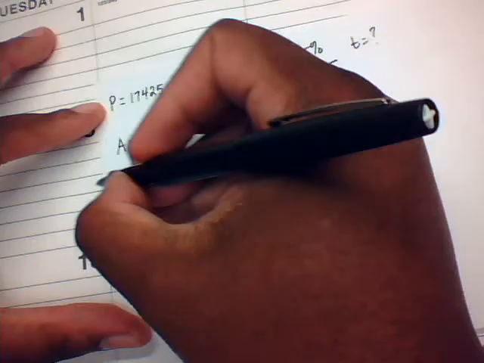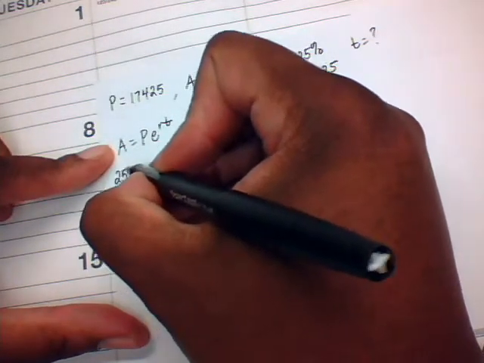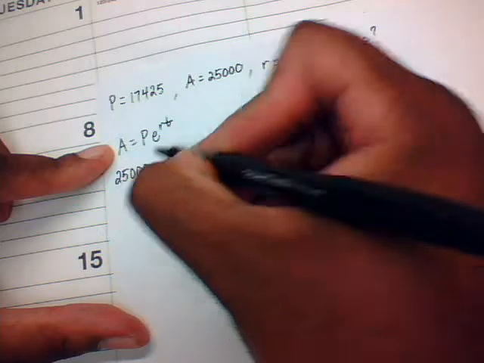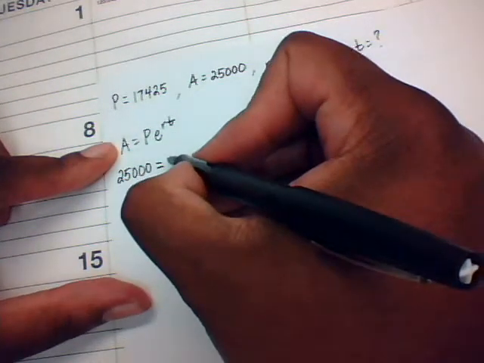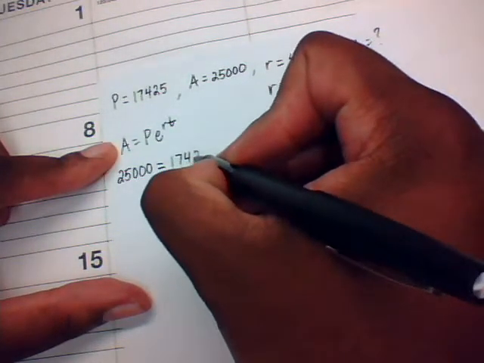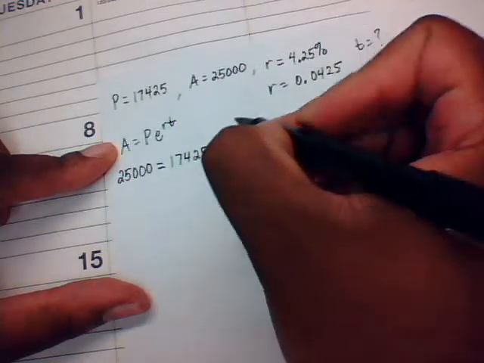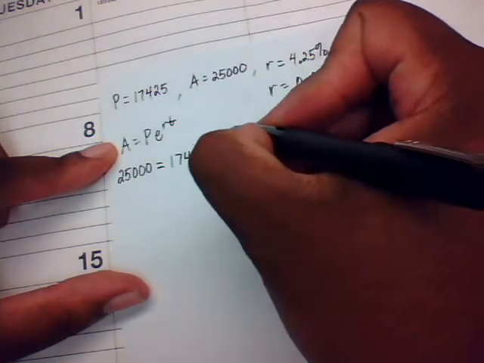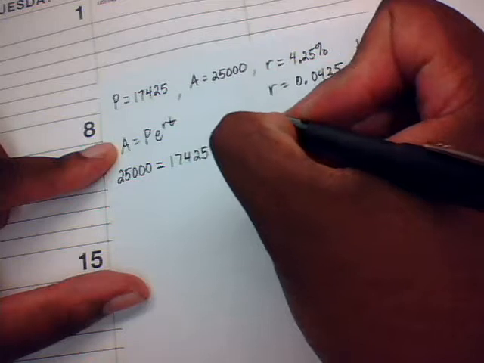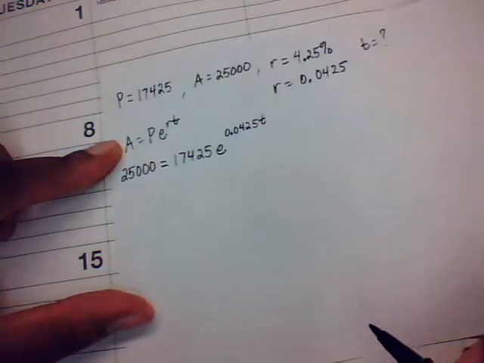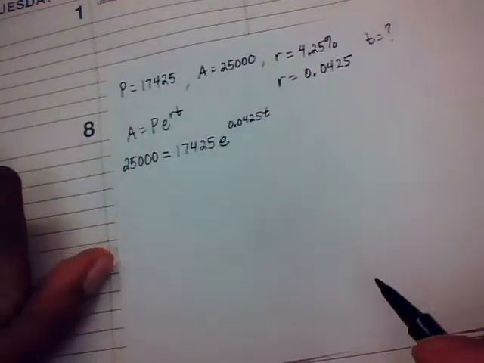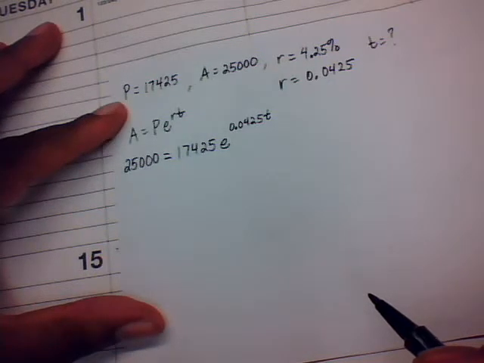In this case, A, the amount that we're trying to reach, is 25,000. That's equal to P, which is 17,425, times e to the r, 0.0425, times t. So that's our exponential equation that we have here.